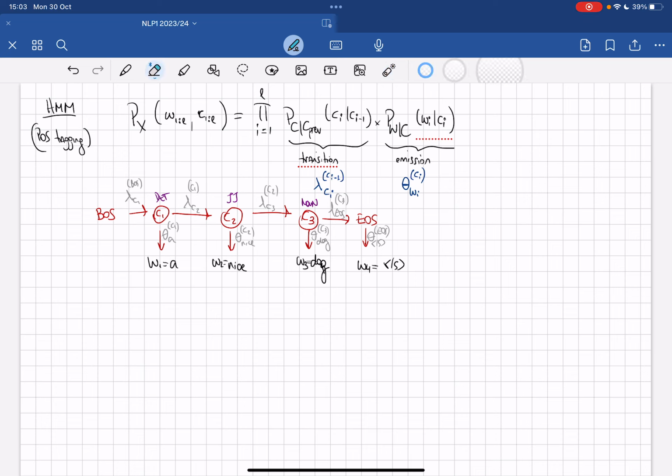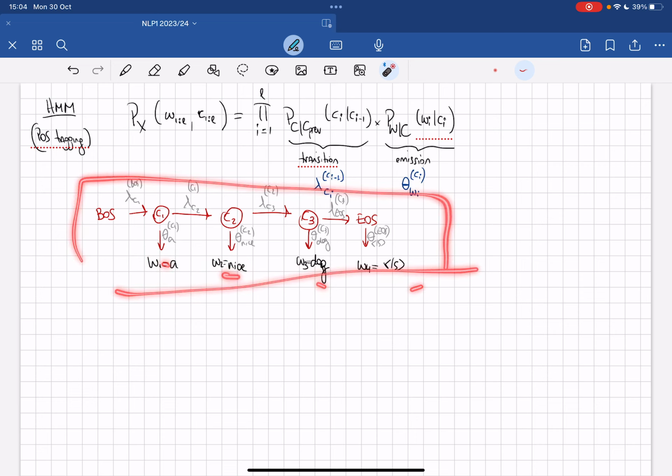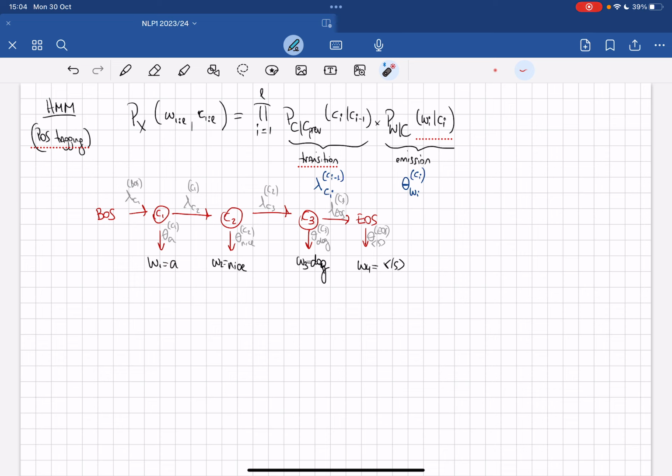What oftentimes will happen is that you will not know the tag sequence. You only have a word sequence, which you assume was generated according to the HMM generative story. And then you're interested in, for example, predicting what the most probable tag sequence might have been. And that's the task of part-of-speech tagging.